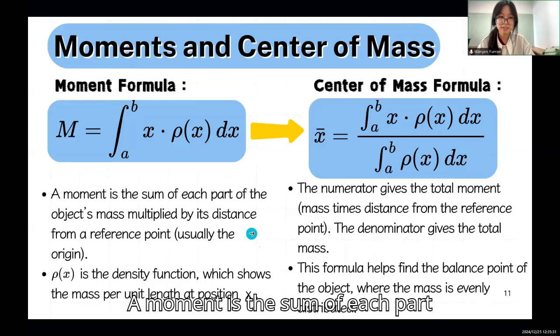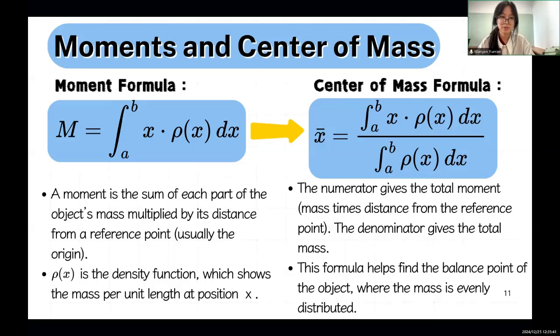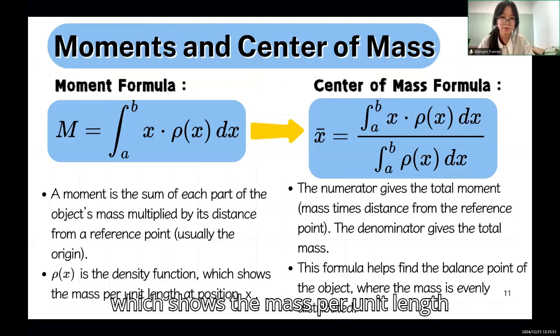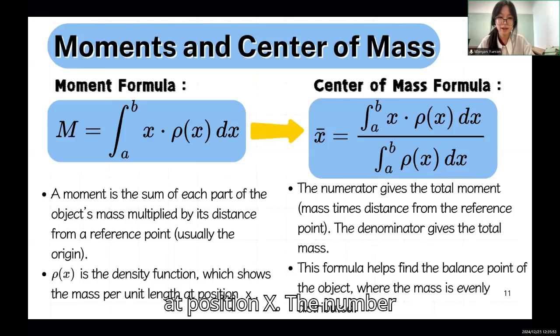A moment is the sum of each part of an object's mass multiplied by its distance from a reference point, usually the origin. Rho(x) is a density function which shows the mass per unit length at position x.